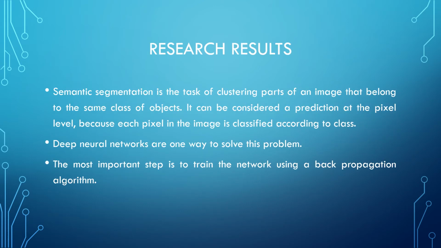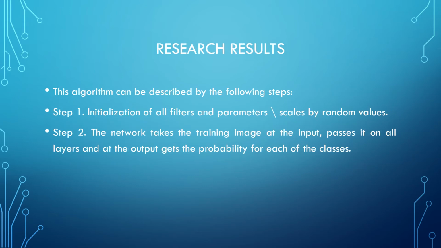Semantic segmentation is the task of clustering parts of an image that belong to the same class of objects. It can be considered a prediction at the pixel level, because each pixel in the image is classified according to class. The algorithm can be described by the following steps.